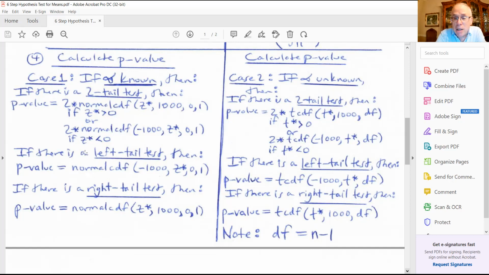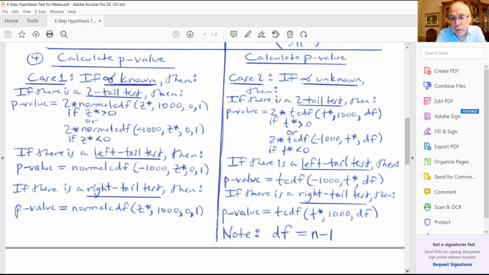If however, when we calculate z star, the test statistic in step number 3, it happens to be a negative number, then what we're going to do is calculate the left tail area.